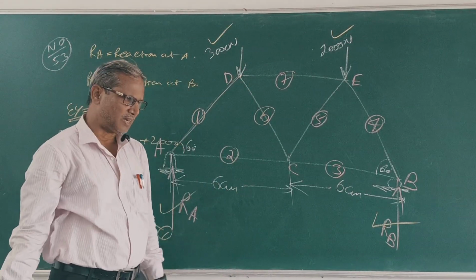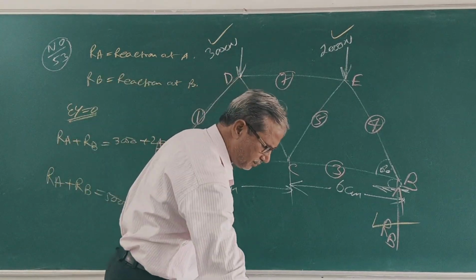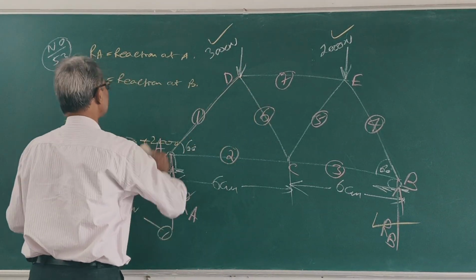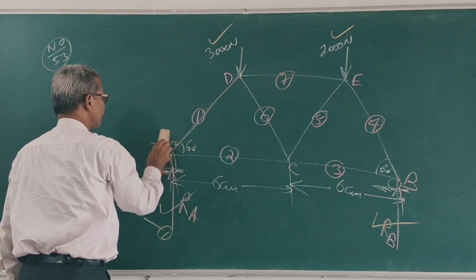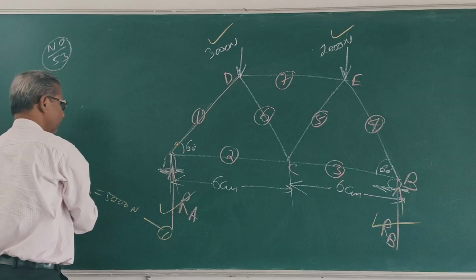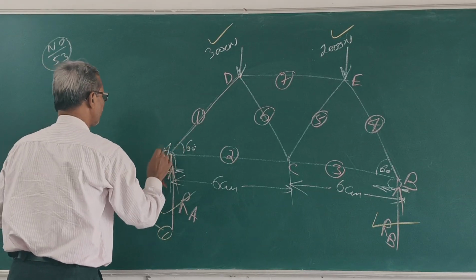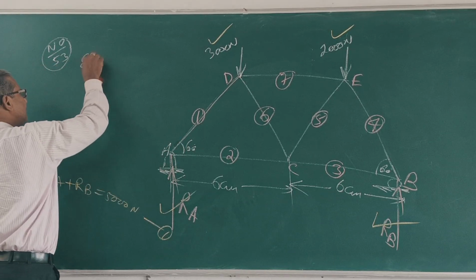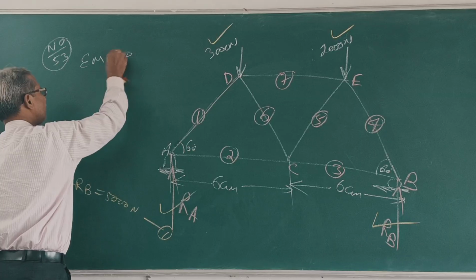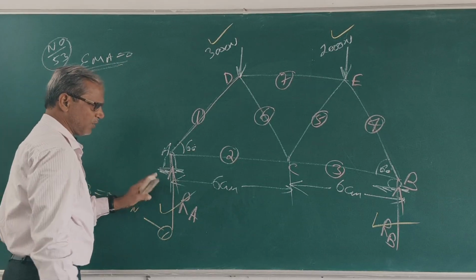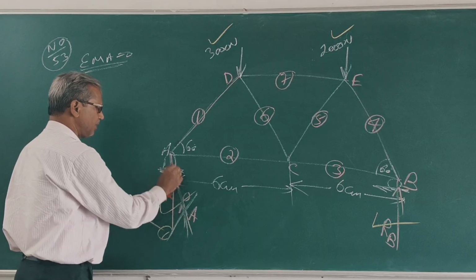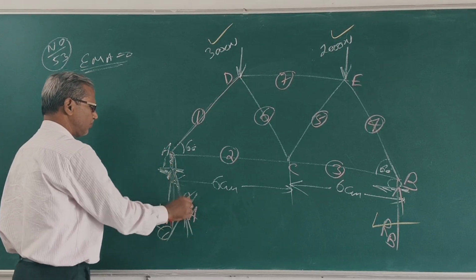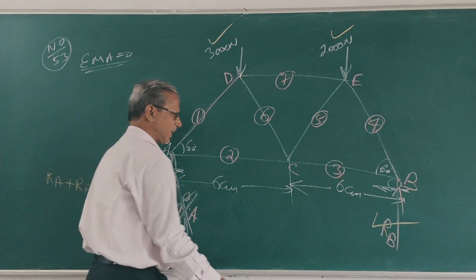Then take moments. Sigma M is 0. Take moment about A. RA passes through point A, so its moment is 0. Clear?